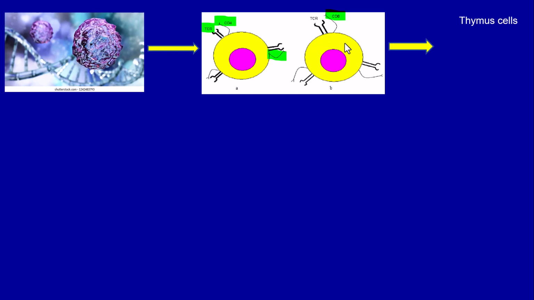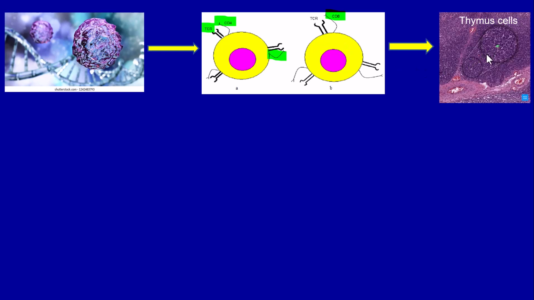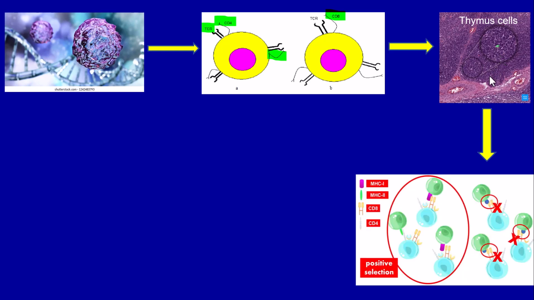Then it is expressed to the thymic cell. These cells which generate a receptor and molecule on the surface are then cross-checked with the thymus cells. The thymus cells have receptors on their surface. These receptors are either MHC1 receptor or MHC2 receptor.